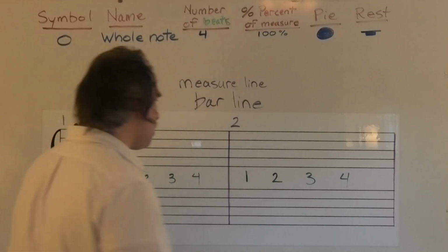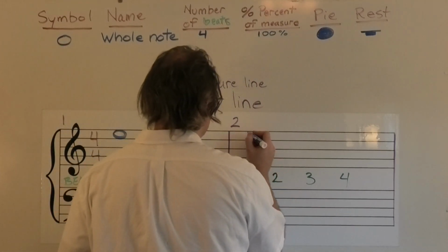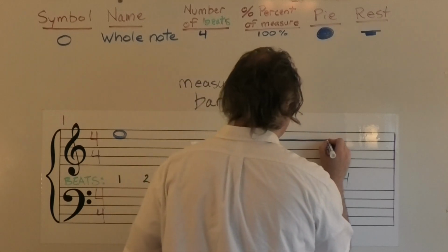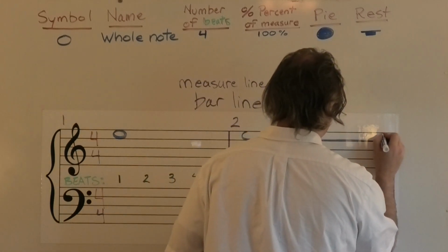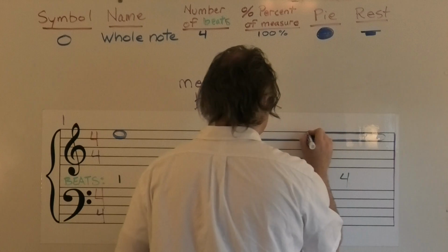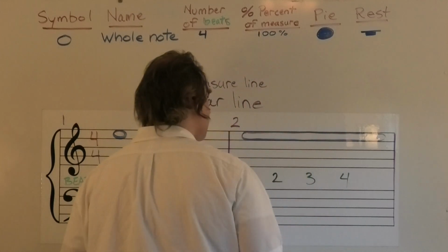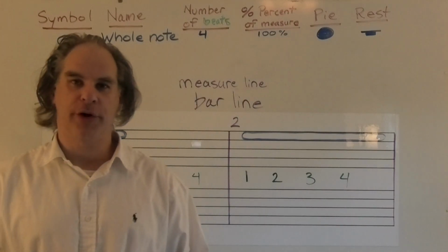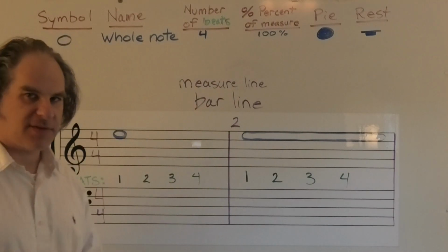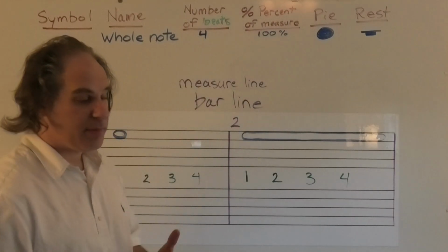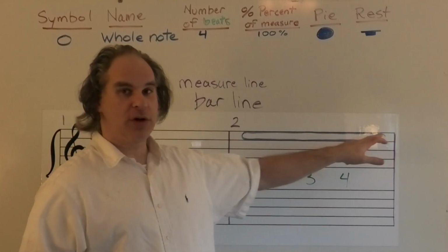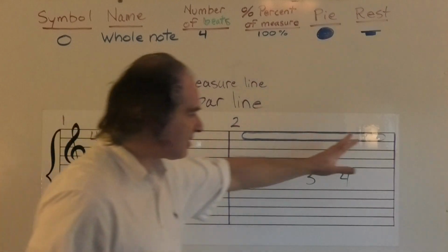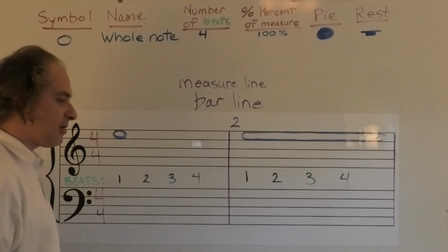Now I'm going to draw this whole note as though we were going to keep our finger down on the piano the entire time. Notice we draw through 4. We don't stop at 4. So if we were to actually draw the whole note to represent the amount of time we keep our finger on the piano, it would look like that. That's not how we draw it. That's how we draw it. But that's how it sounds.